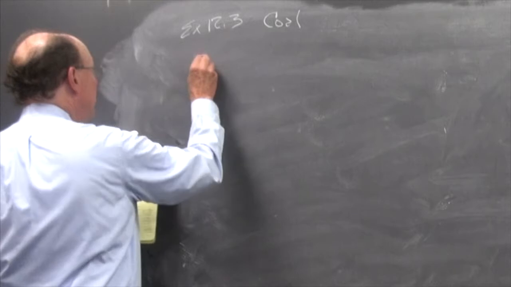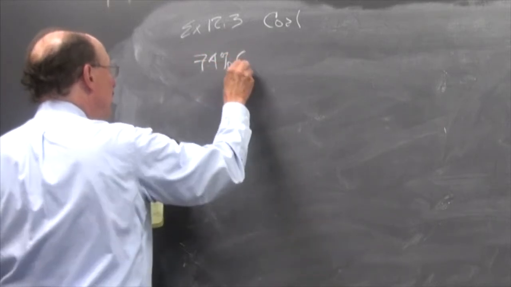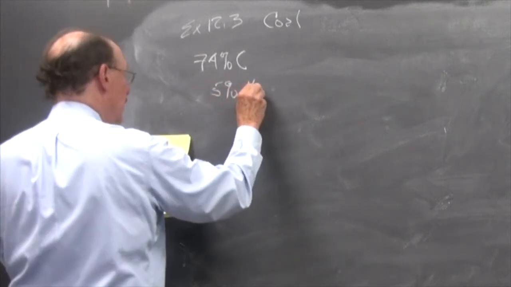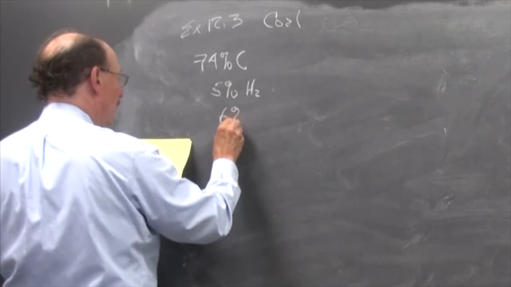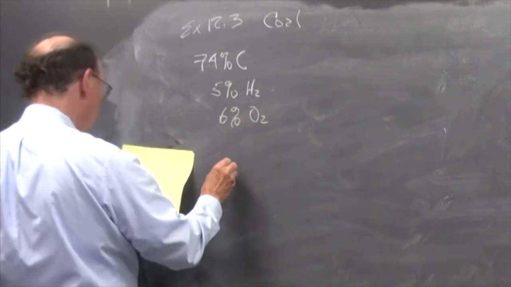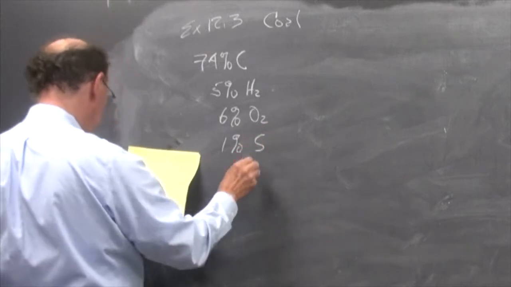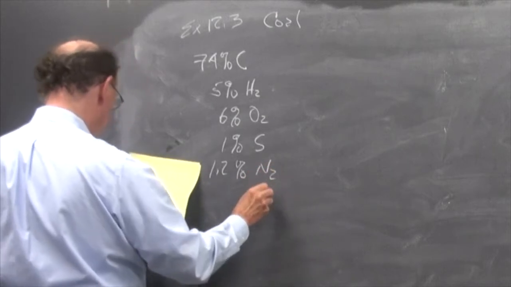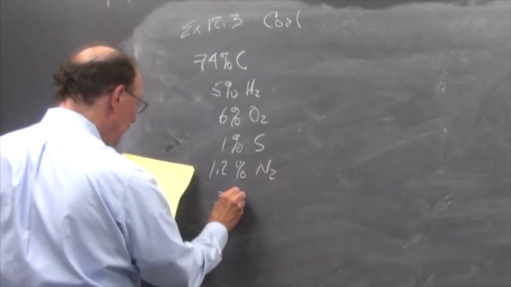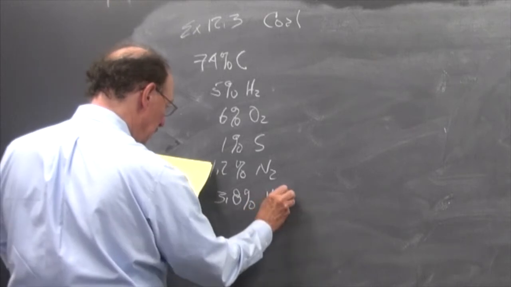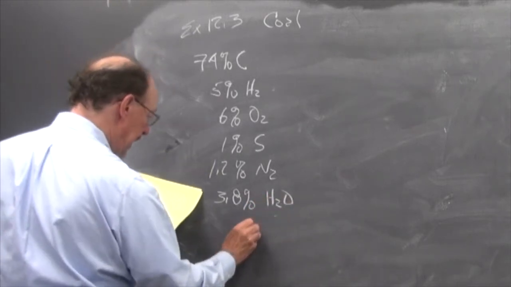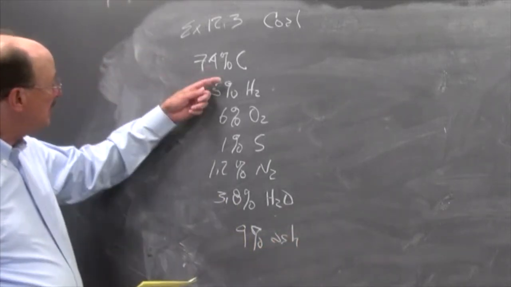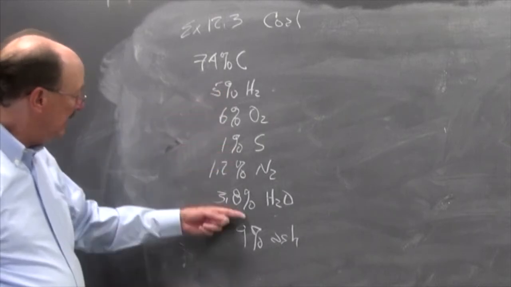So now we have it 74% carbon, 5% hydrogen, 6% O2, 1% sulfur, 1.2% N2, 3.8% water, 9% ash. So all these things can be oxidized except the ash.